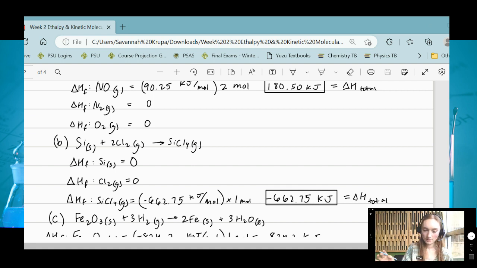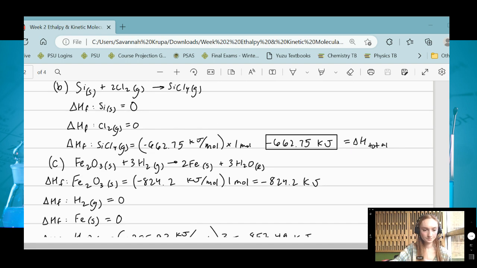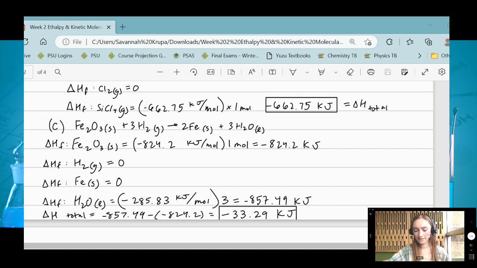Okay, so because the hydrogen and the iron are in standard state conditions, just as we talked about, that is going to be a 0 value. But the iron oxide and the water formation are both non-zero values for the enthalpy of formation. So let's write down those values. For the iron oxide, we have negative 824.2 kilojoules per mole.